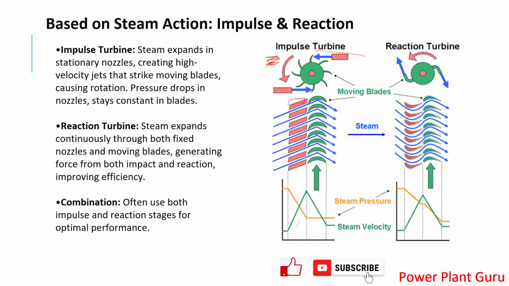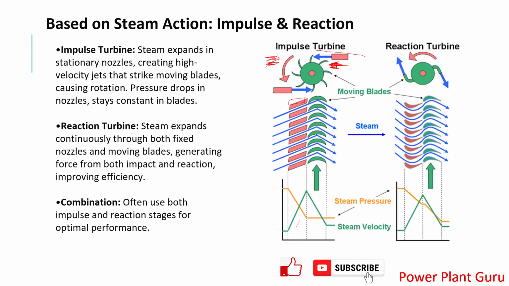And velocity is used to rotate the wheels. Velocity is something pushing your turbine wheels. So in an impulse turbine, at the cost of pressure, you are increasing velocity and hitting the turbine wheel so that it can take the load or move.